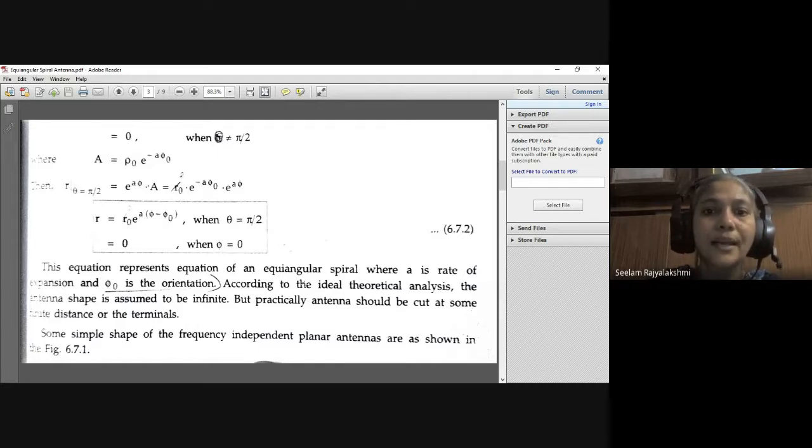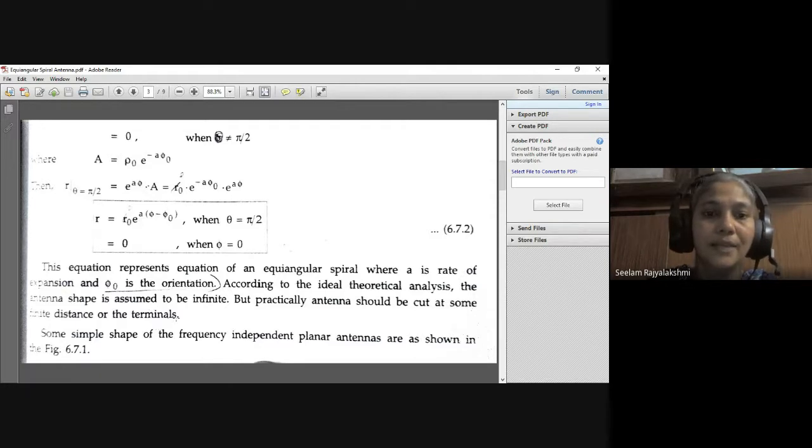According to the ideal theoretical analysis, the antenna shape is assumed to be infinite. But practically, the antenna should be cut at some finite distance or at the terminals.